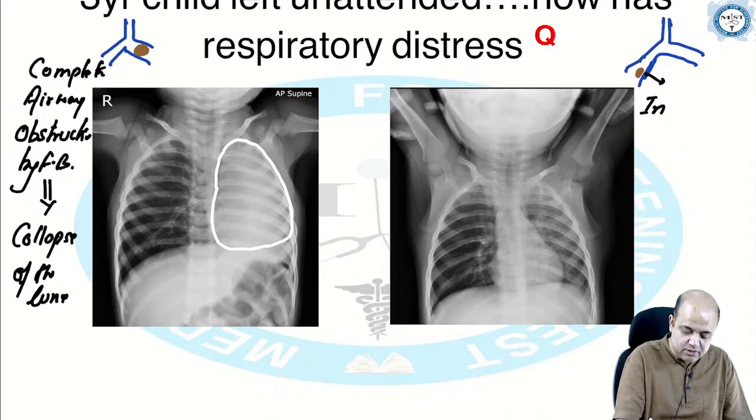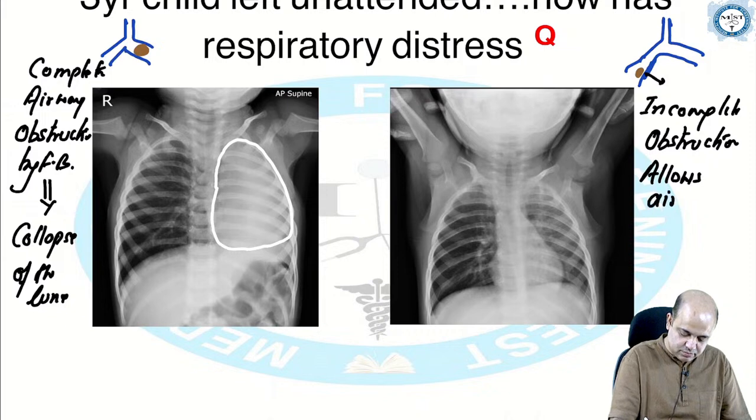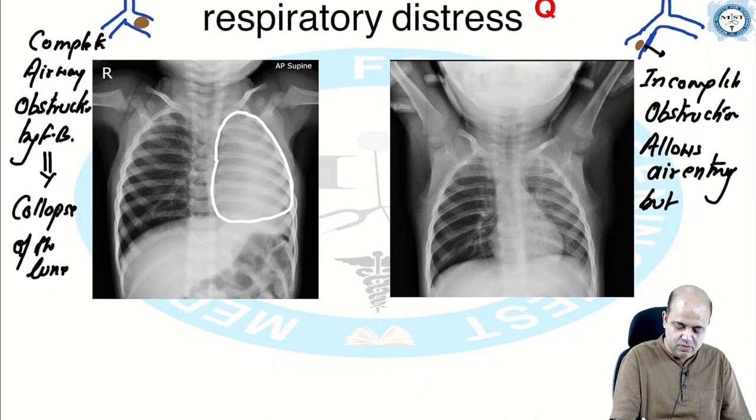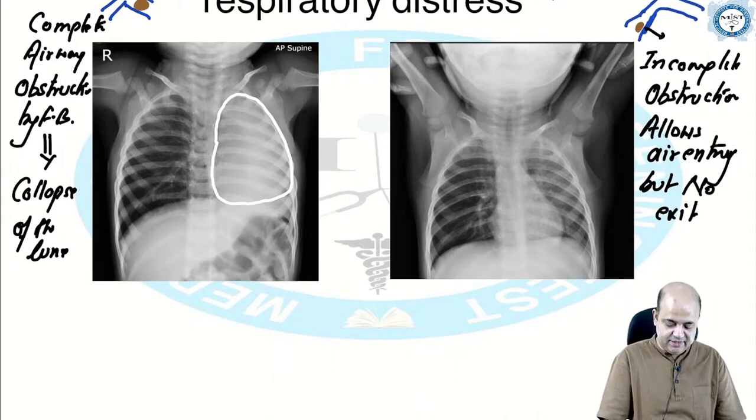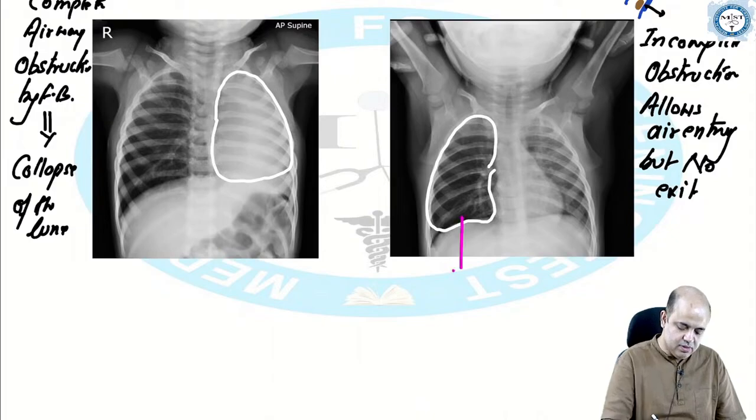Incomplete obstruction allows air entry, but no exit because of the ball valve mechanism. This is how it appears: as unilateral hyperlucency.